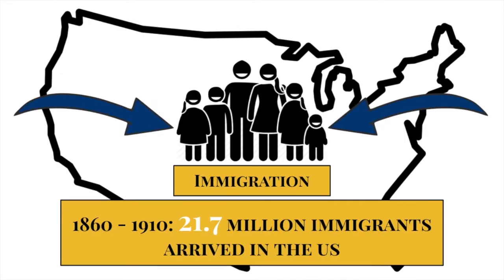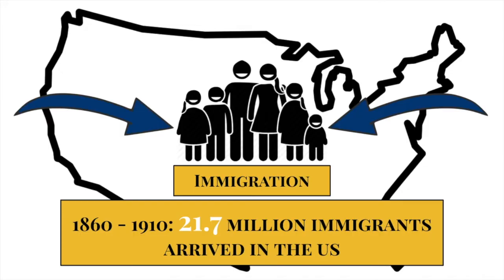The other big factor contributing to America's population growth is immigration, especially post-Civil War. As the Civil War ends and as this Industrial Revolution begins to boom here in the United States, it's going to draw millions of people from overseas to come here and take advantage of those opportunities.